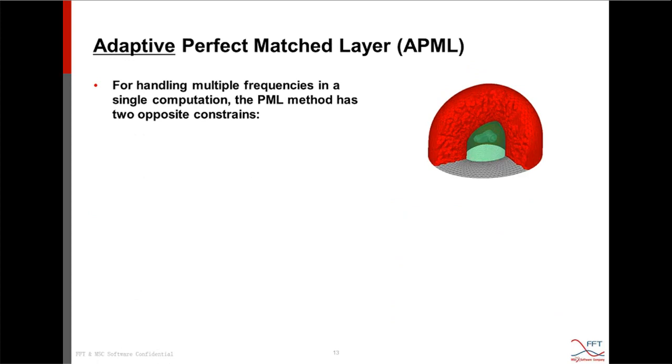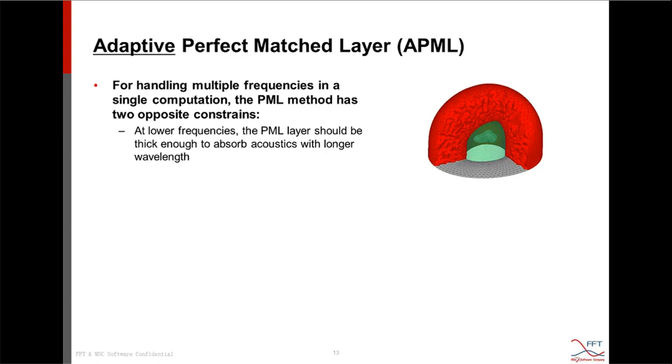Now, after PML, the next concept is the APML, or adaptive PML. The issue arises from actually two opposite constraints related to the PML method. As we do acoustic analysis, we have the notion of acoustic wavelength. So let's take a look at this red area, which is the PML region.